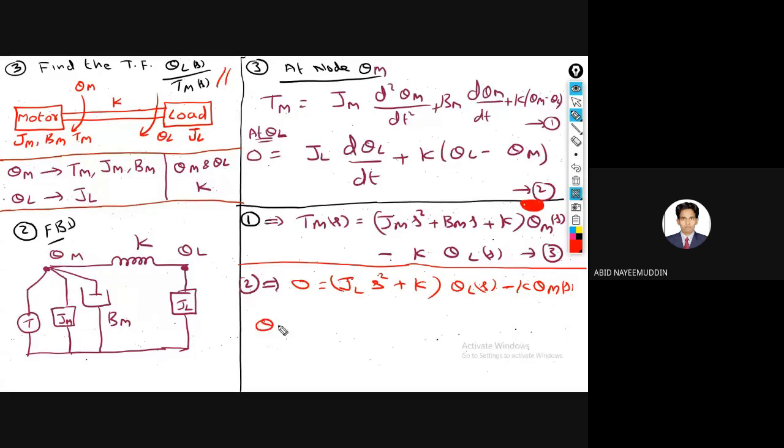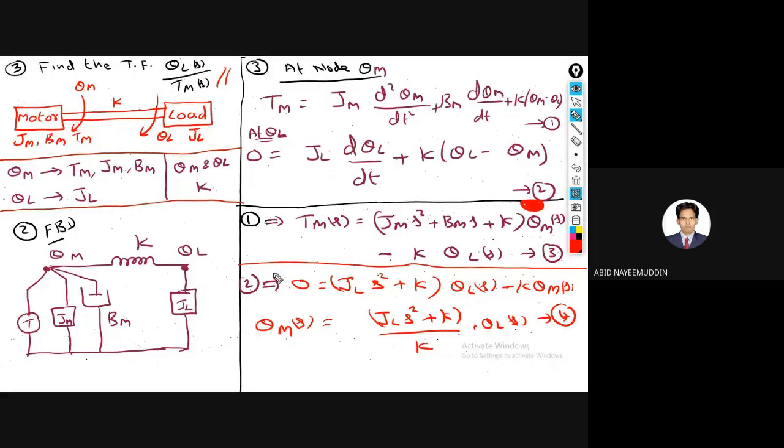Then theta m of s is equal to, in the numerator, Jl s square plus K, divided by K, times theta l of s, equation 4.